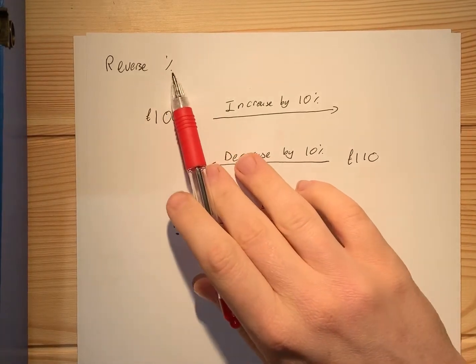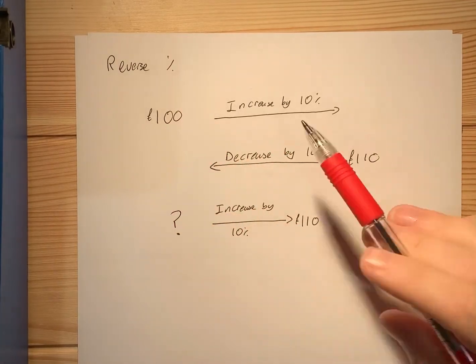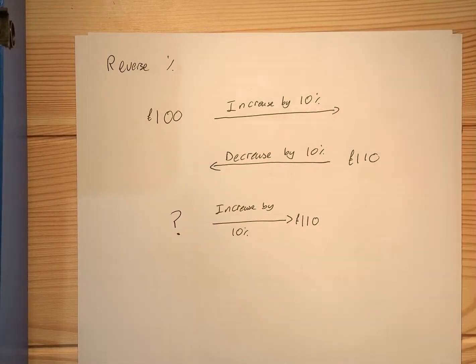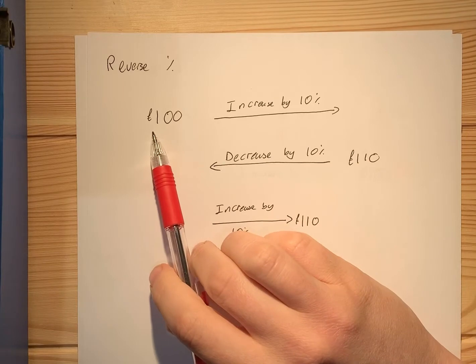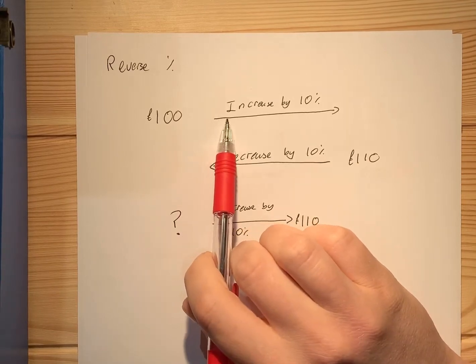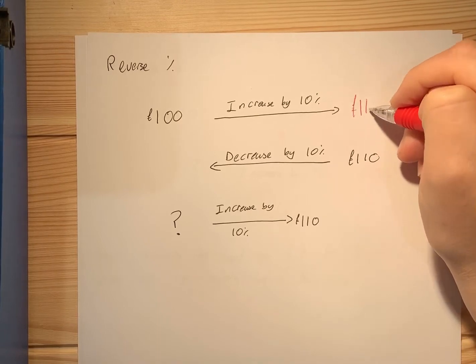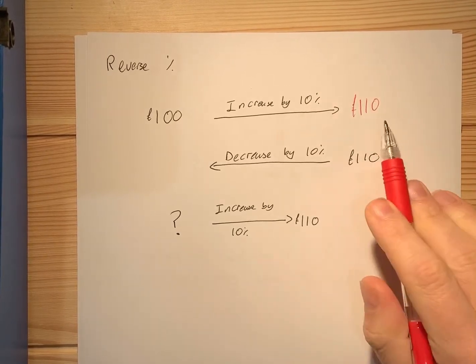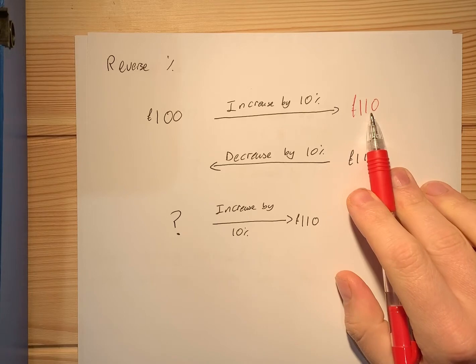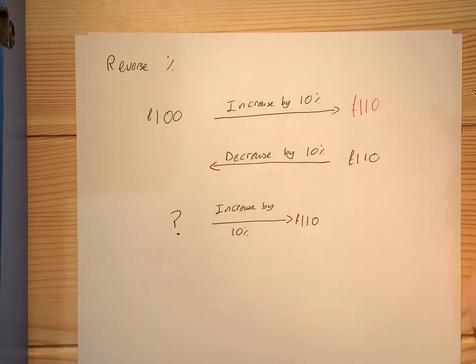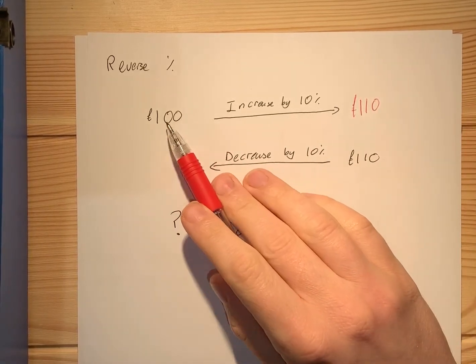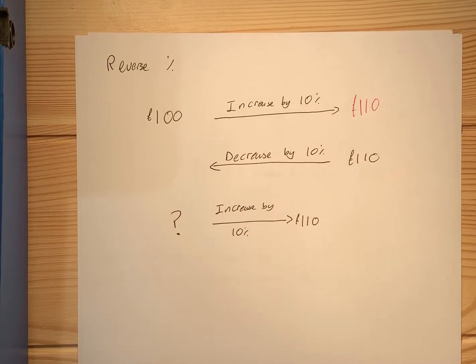So reverse percentages. I'm just going to explain it a bit, and then we'll flesh that out with some examples. If I had £100 and I increased it by 10%, we know that would give me £110, because 10% of 100 is 10, and 100 plus 10 gives me 110.